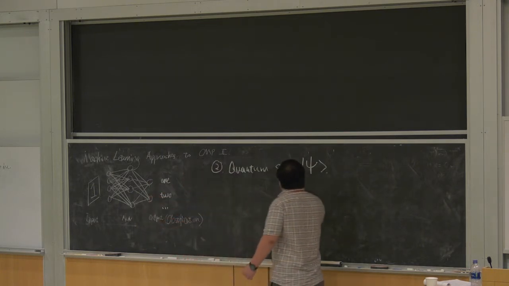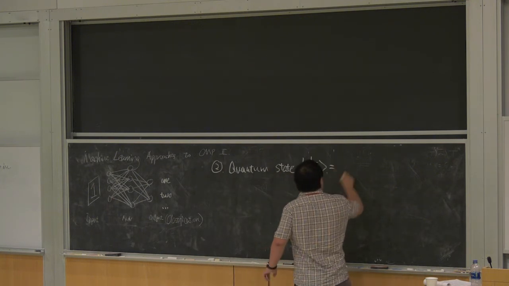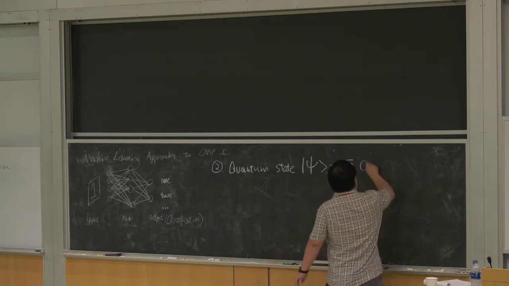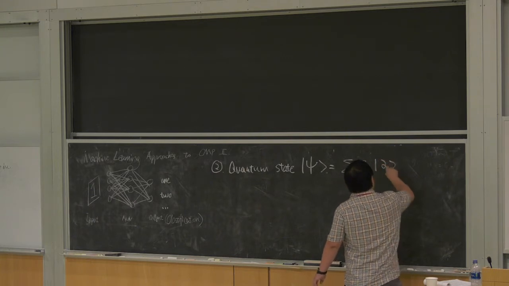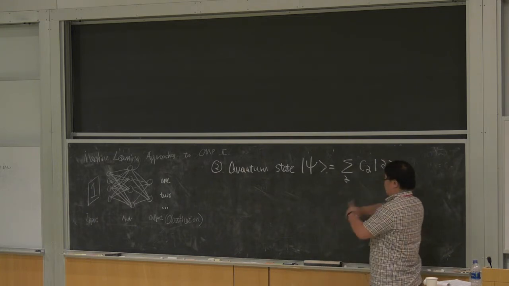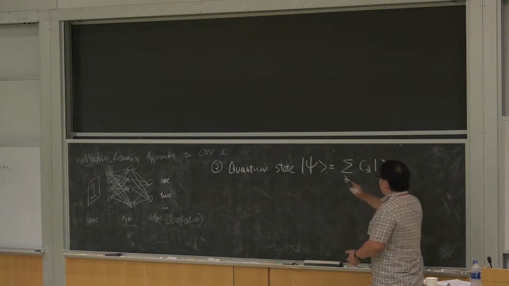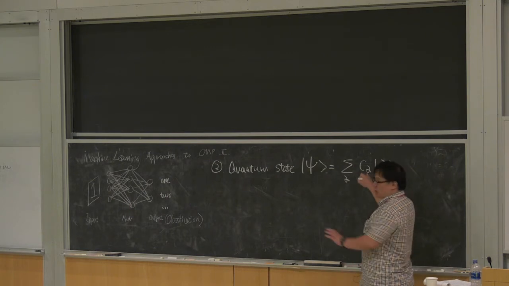But what's the input? We know that a quantum state can be written as a summation over different configurations. Alpha is some specific configuration, let's say a spin up and spin down configuration. But a quantum state is a coherent linear superposition of these with certain coefficients.